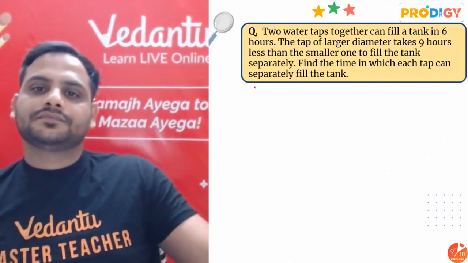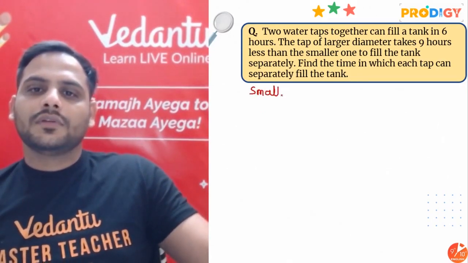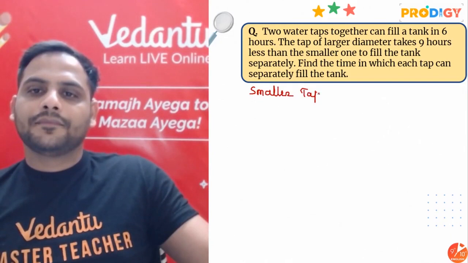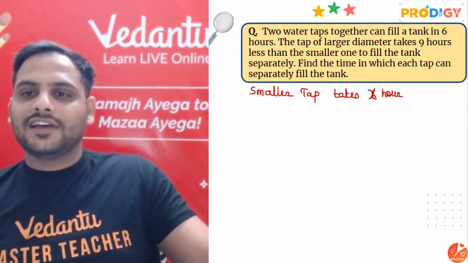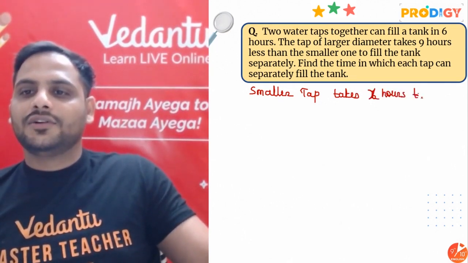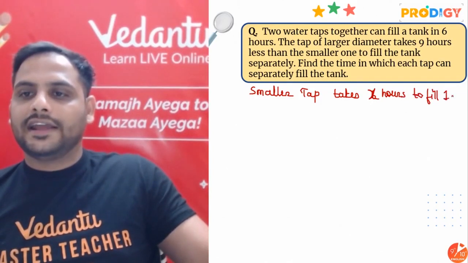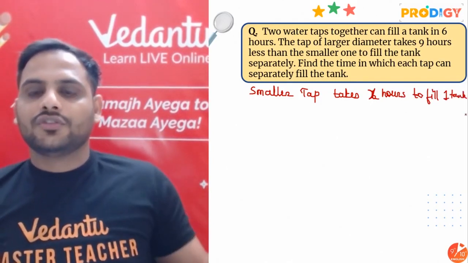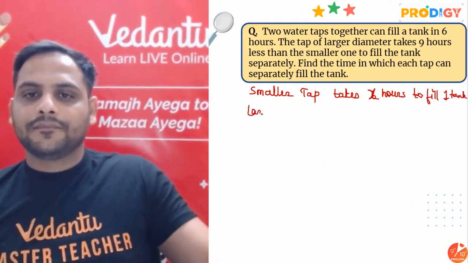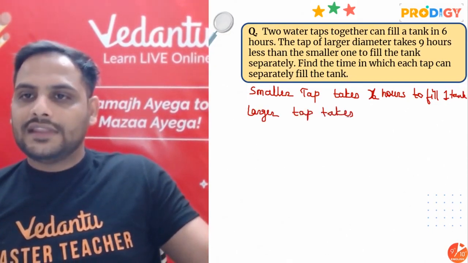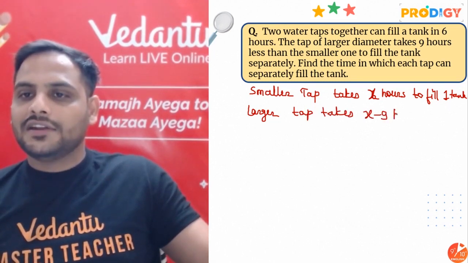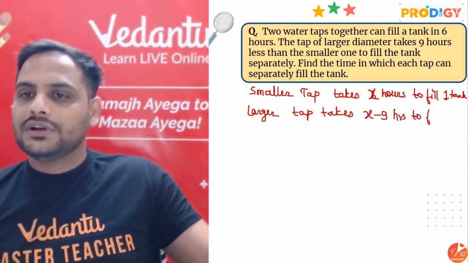So let us say smaller tap takes, oh sorry, x hours to fill one tank. ठीक है. तो obviously larger tap takes 9 hours less, so x minus 9 hours to fill one tank.